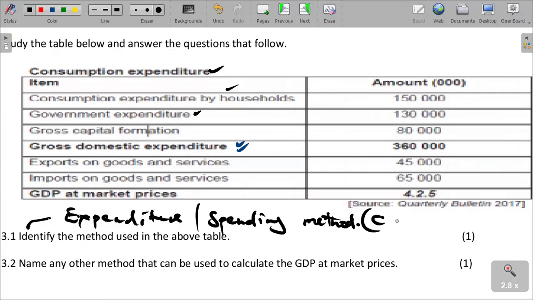We have consumption plus government spending, plus investment, plus exports minus imports.